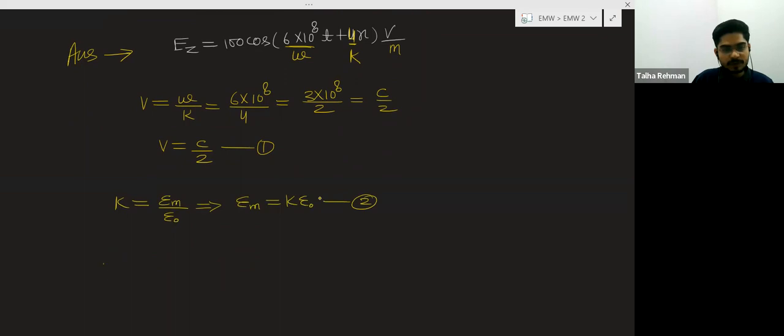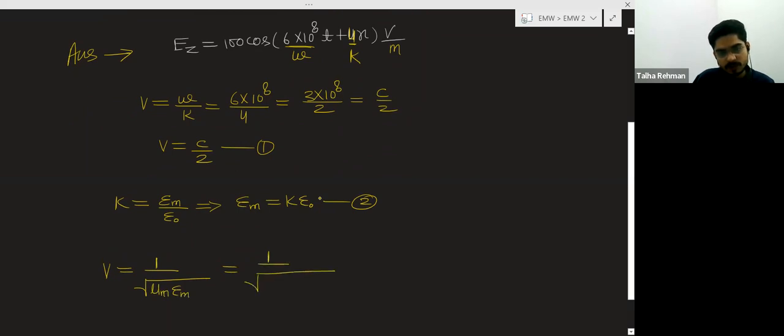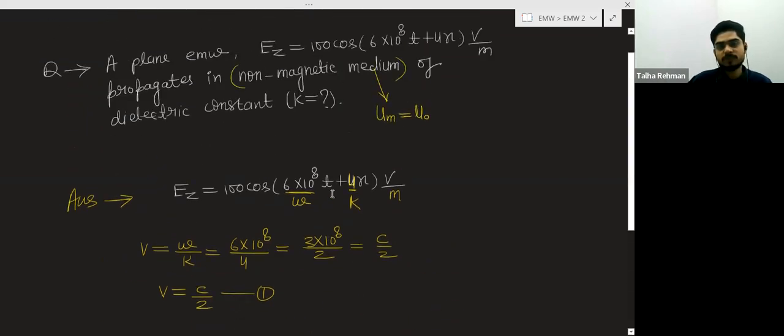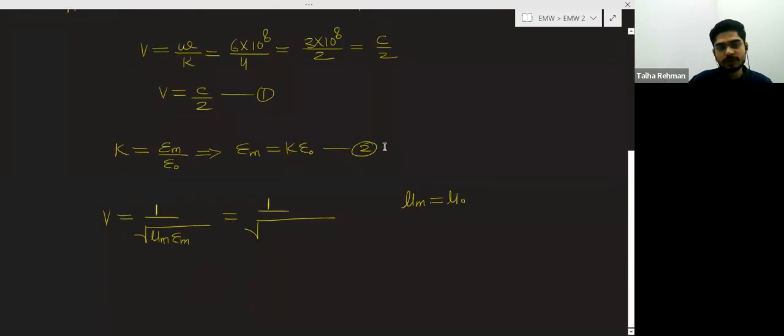Now the speed of the electromagnetic wave has another formula: v is equal to 1 upon under root of mu m into epsilon m. Here mu m is equal to mu naught, and epsilon m is K times epsilon naught.